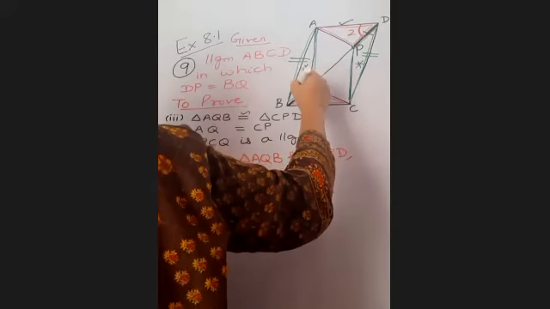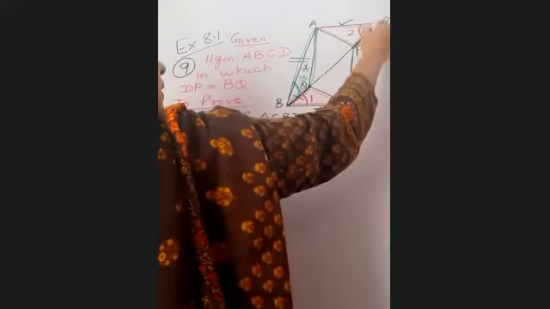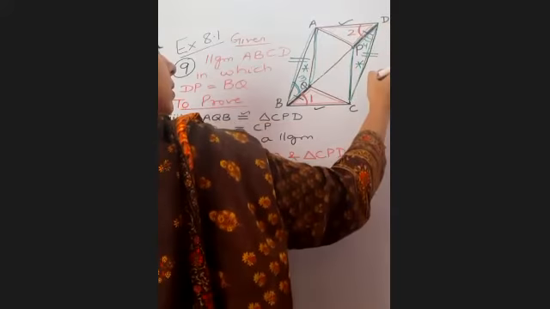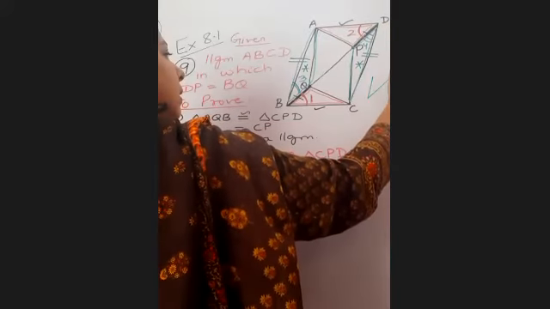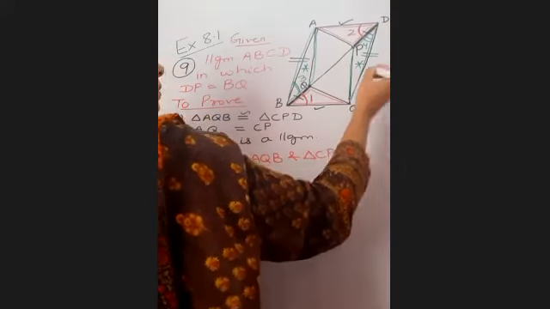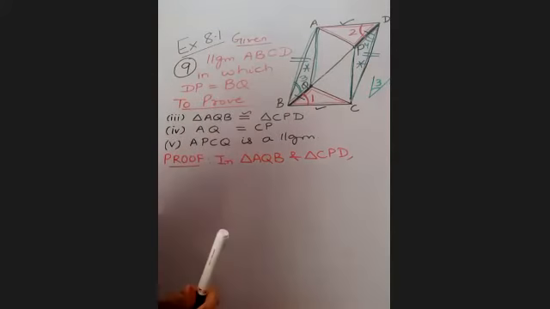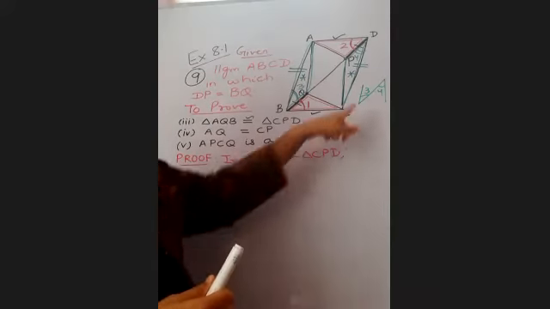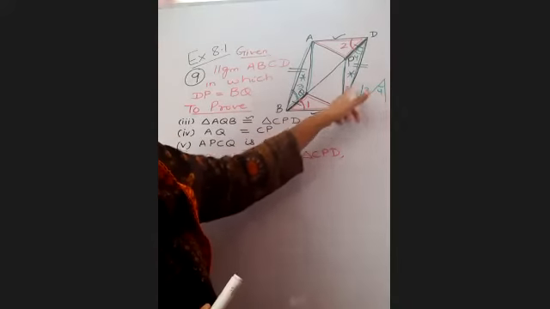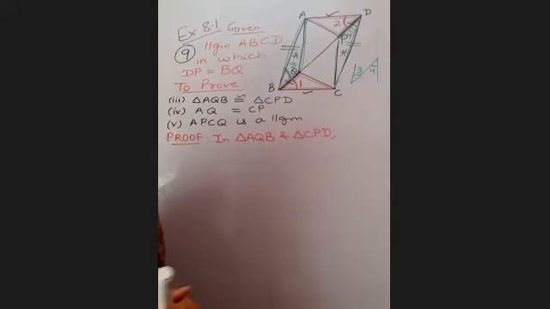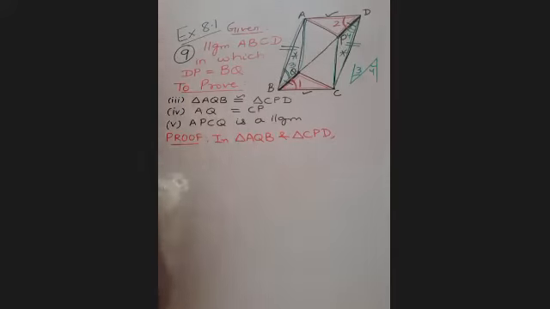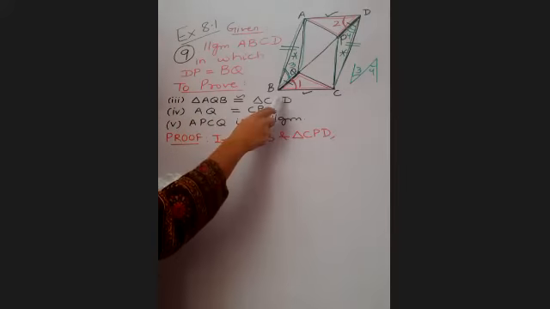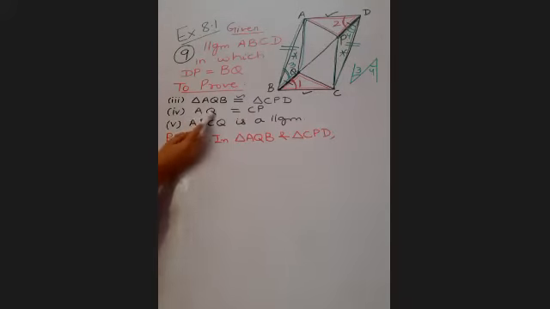Let me just mark this angle as 3 and this angle as 4. And can you see, ma'am, alternate interior angles as these two lines are parallel? Ma'am, AB is parallel to CD, opposite sides. Yes. So are these two triangles congruent, children? Yes, ma'am. Two triangles are congruent. By CPCT we will definitely get AQ is equal to CP.